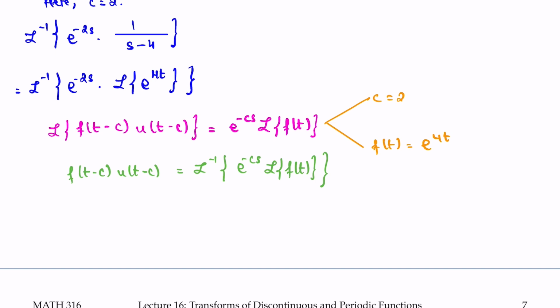Therefore, f of t minus 2 is equal to e to the 4 times t minus 2. And that's why the answer for the inverse Laplace transform is e to the 4 times t minus 2 times u of t minus 2. Good?